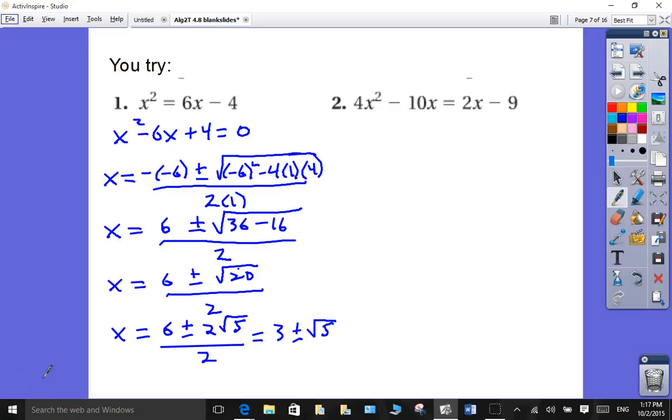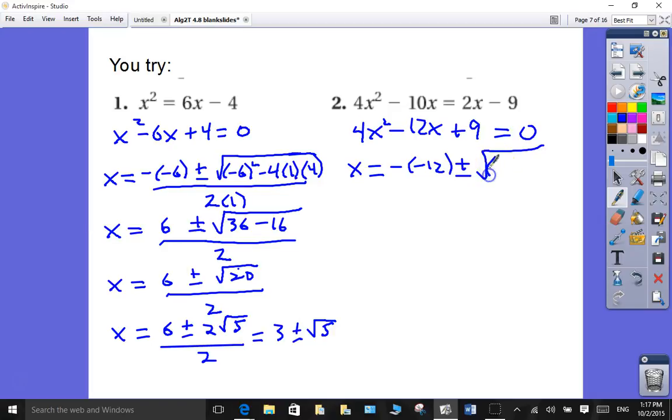What do we have to do first on the second one? Get everything on one side, 0 on the other. I'm just going to do it without showing. 4x squared minus 12x plus 9. And so our x is negative 12 plus or minus the square root of negative 12 squared minus 4 times 4 times 9, divided by 2 times 4.